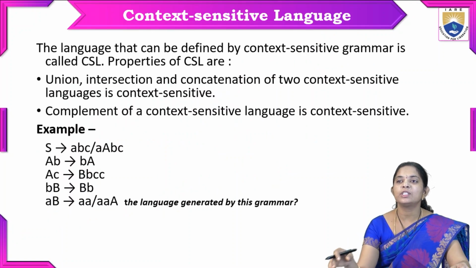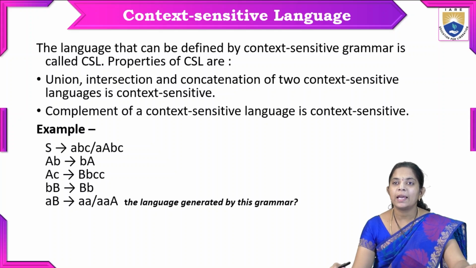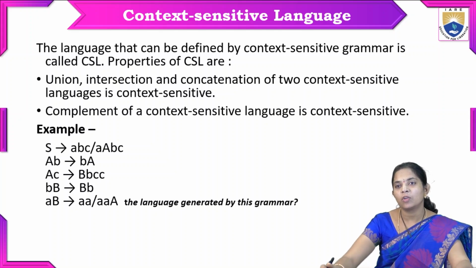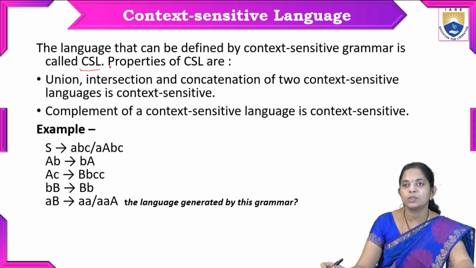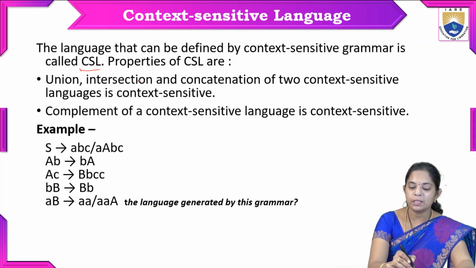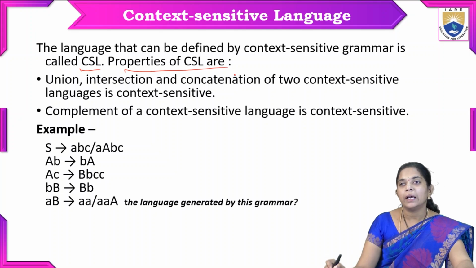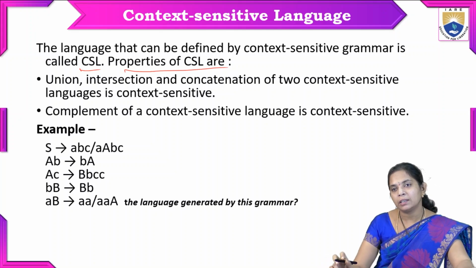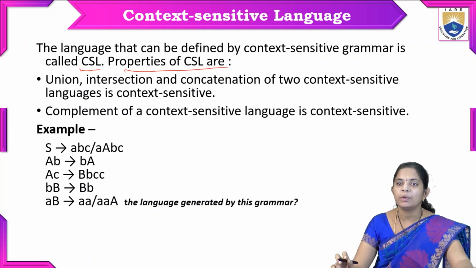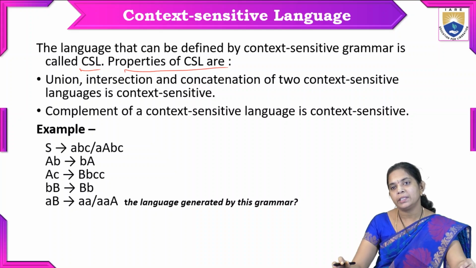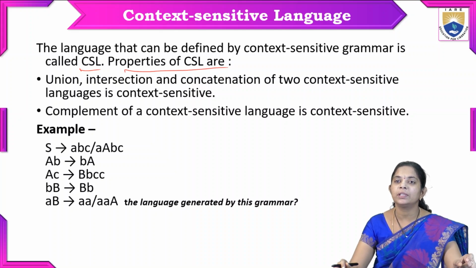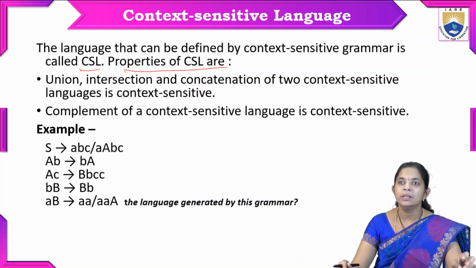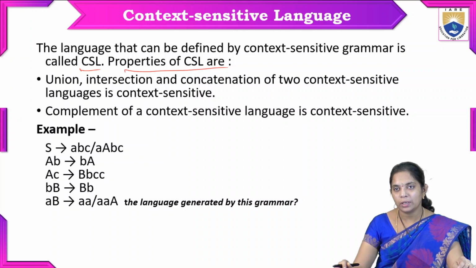The language that can be defined by the context sensitive grammar is called CSL, context sensitive language. The properties of CSL: just as for regular languages or regular grammars we have some operations or properties between two grammars, here also we have some properties for the context sensitive language.